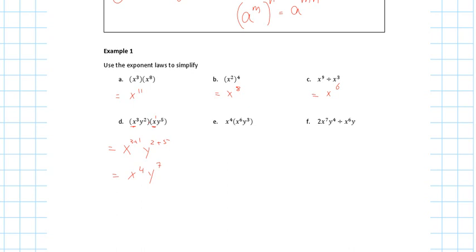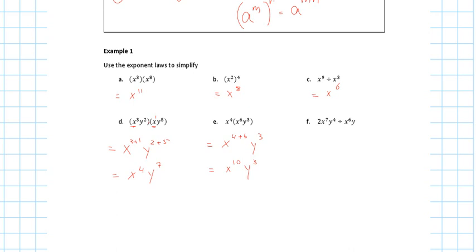How about the next one? Not the same, no. Just the x, okay? Just the x. So it's going to be x to the power of 10, because I'm going to add these exponents, and then just y cubed, it doesn't change. Y does not change, it stays as y to the power of 3. So in this case, you can multiply x and y too?